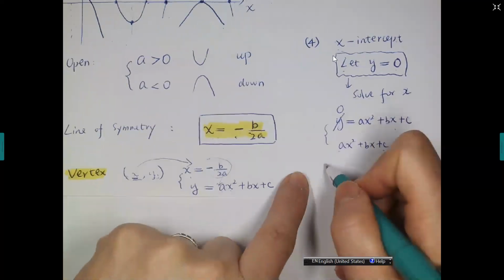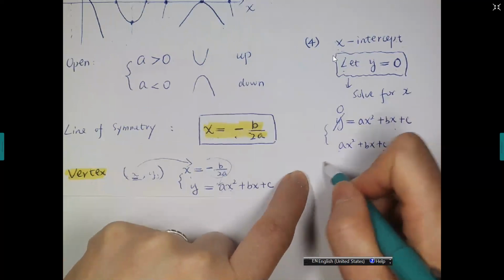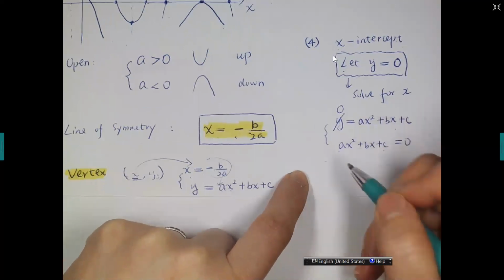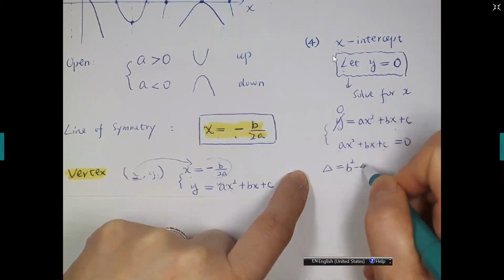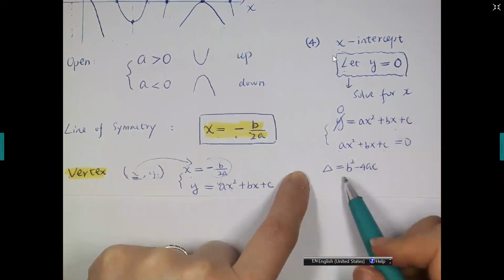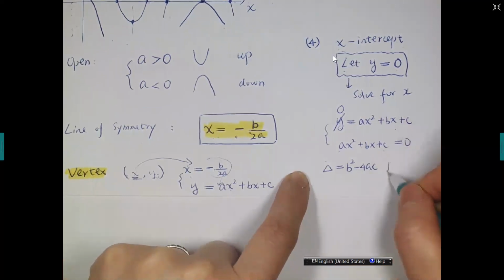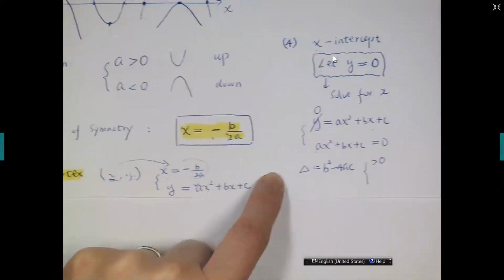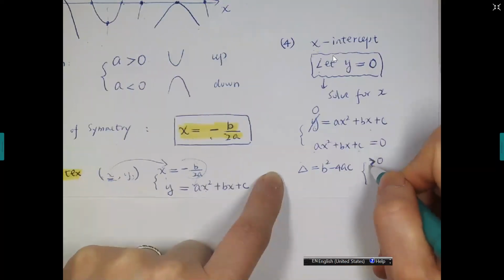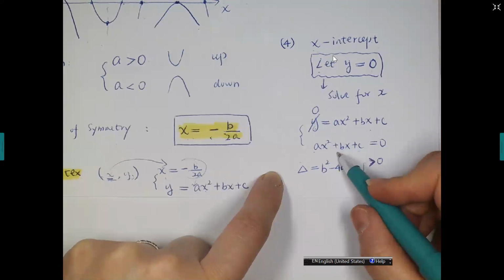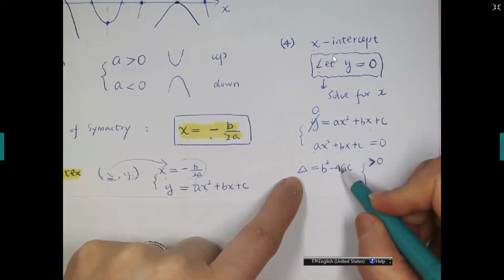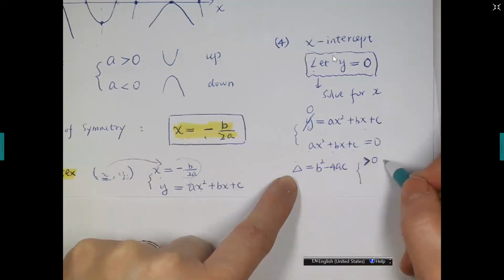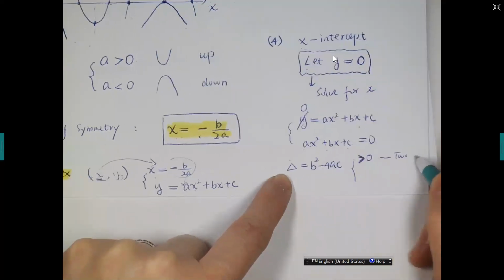The number inside the square root, I showed you last time, we call it delta. Delta equals b squared minus 4ac. If b squared minus 4ac is greater than 0, it means a positive number, it means that quadratic equation has two different solutions. If it has two different solutions, then it means it has two x-intercepts.